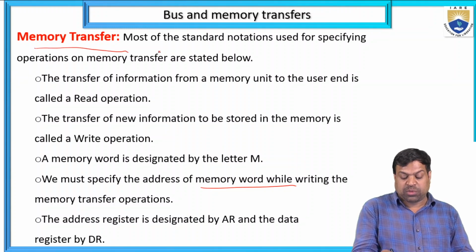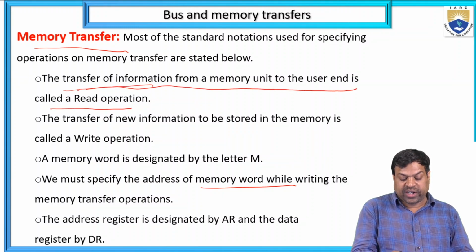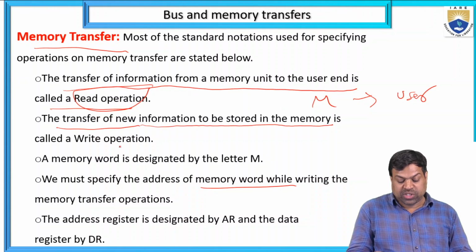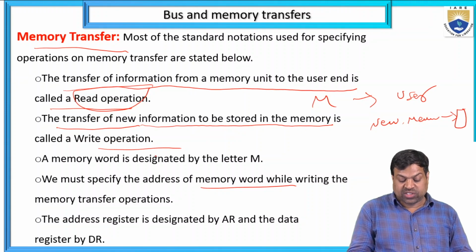So first, the transfer of information from the memory unit to the user end is called a read operation. Memory to the user end. The transfer of new information to be stored in the memory is called a write operation. That is a write operation.